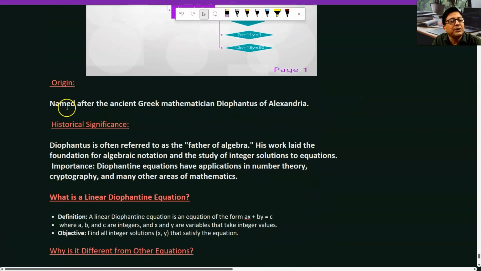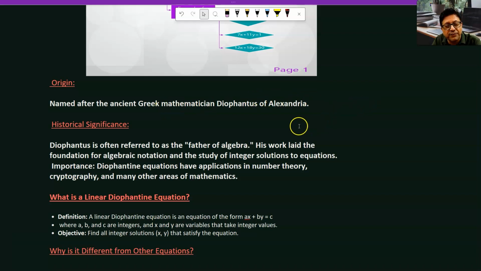Origin, already told, named after the ancient Greek mathematician Diophantus of Alexandria. Historical significance: Diophantus is often referred to as the father of algebra. His work laid the foundation for algebraic notations and the study of integer solutions to equations.